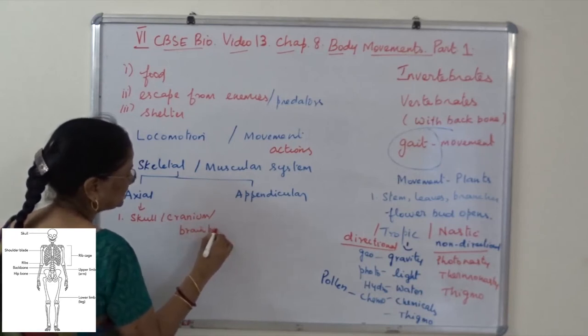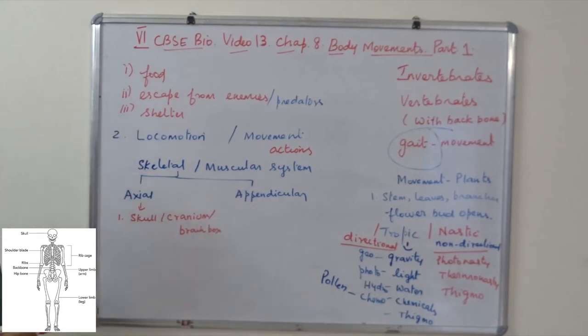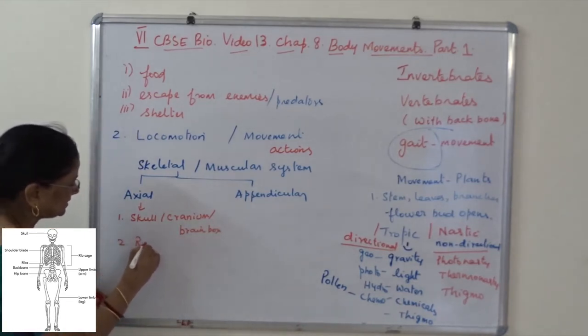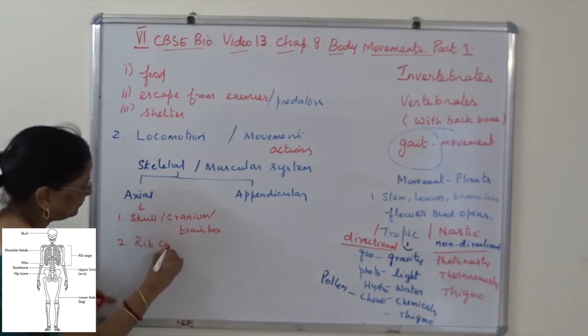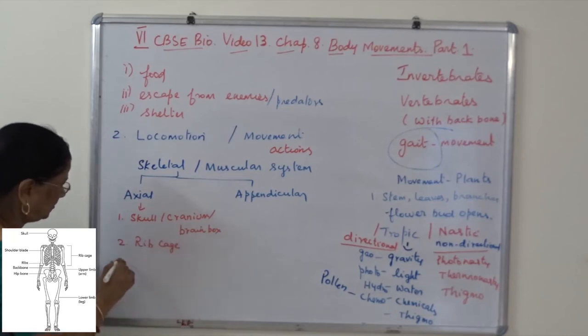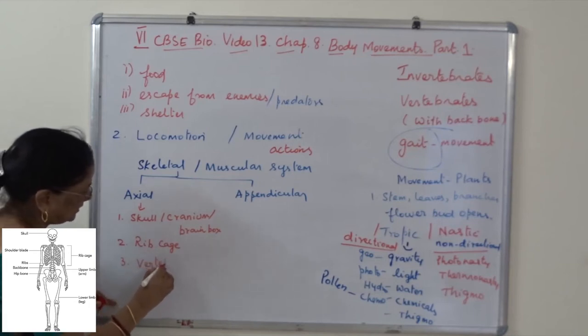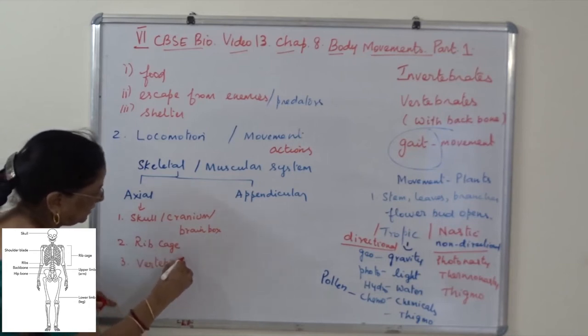The second one is the rib cage, and the third one is the vertebral column.